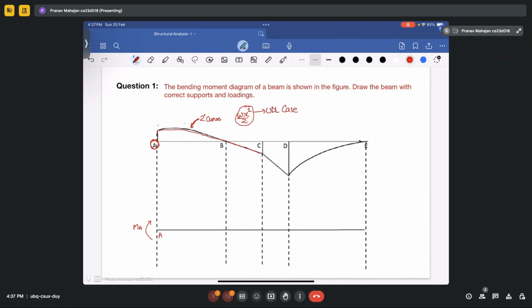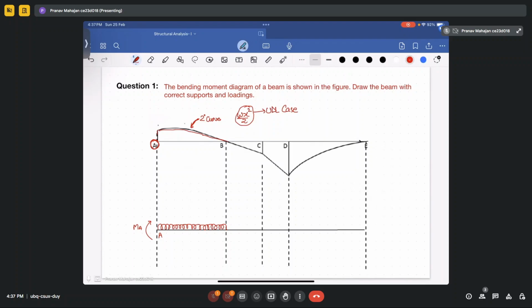So it means you will be having UDL from point A to point B. Okay, so here UDL will be there from point A to point B. Now from B to C, it is linear, and C to D is also linear. So it means there is something that is concentrated at that particular point.